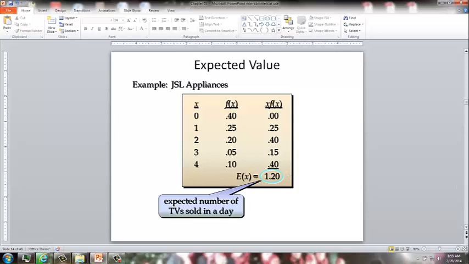And as you can see, the sum of those products is just the expected value. So how we interpret this is that on average, the appliance store can expect to sell 1.2 TVs in a day. Of course, it's never going to sell 1.2, right? It's going to be 1 or 3 or 0. It's just that on average, it will sell 1.2 TVs.